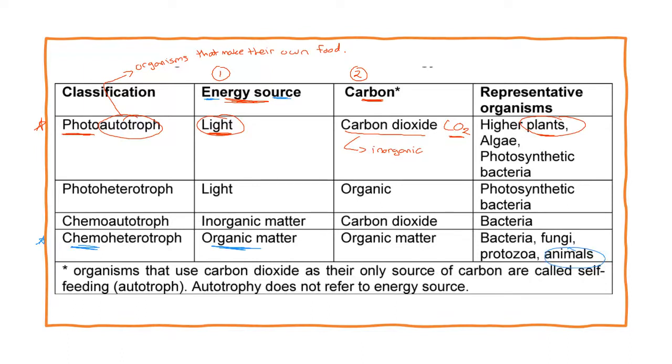Now, what is going to be our source of carbon? Again, it's going to be organic matter, right? And this is what I was saying before. When you eat something, you digest things. You put a taco in your mouth, you eat it, you digest it.